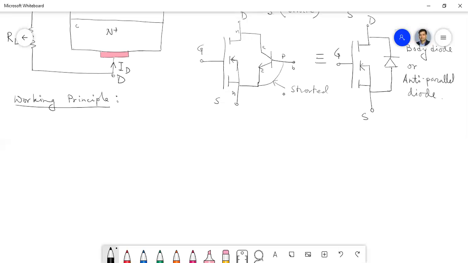You have seen in thyristor, SCR or GTO, gate turn-off thyristor, that they can block reverse voltage. But our MOSFET, due to its inherent body diode or anti-parallel diode, cannot block any reverse voltage. Therefore, here the reverse voltage blocking capability is only 20 to 30 volts.